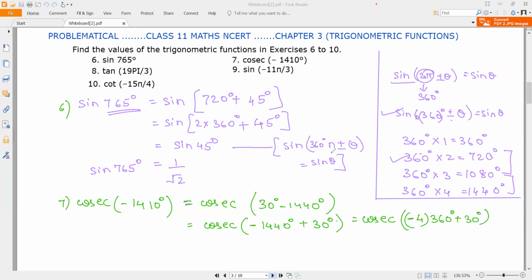The n factor over here, n belongs to an integer. It can be positive or negative. So according to the formula, this will give you cosec of 30 degree. We know that cosec of 30 degree is 2 because it's the inverse of sine 30, which is 1 by 2.